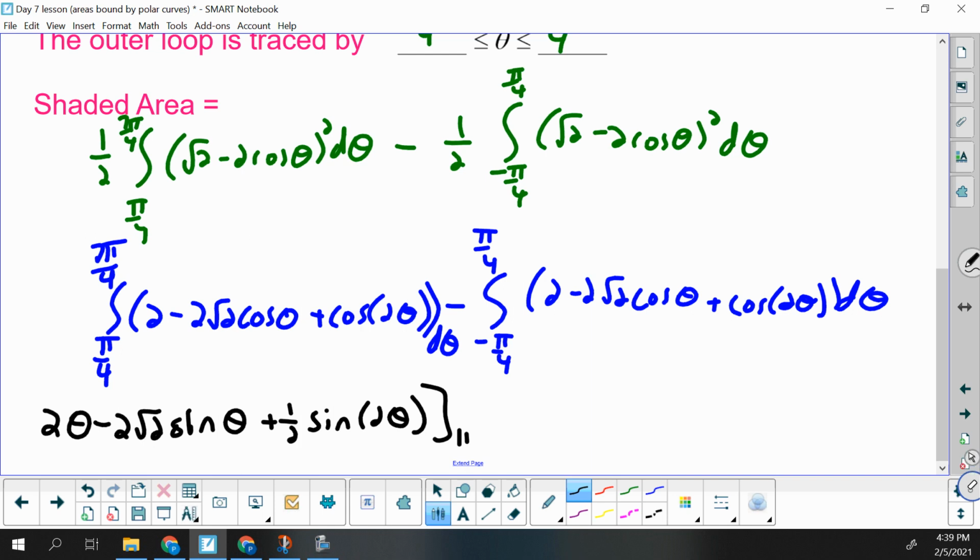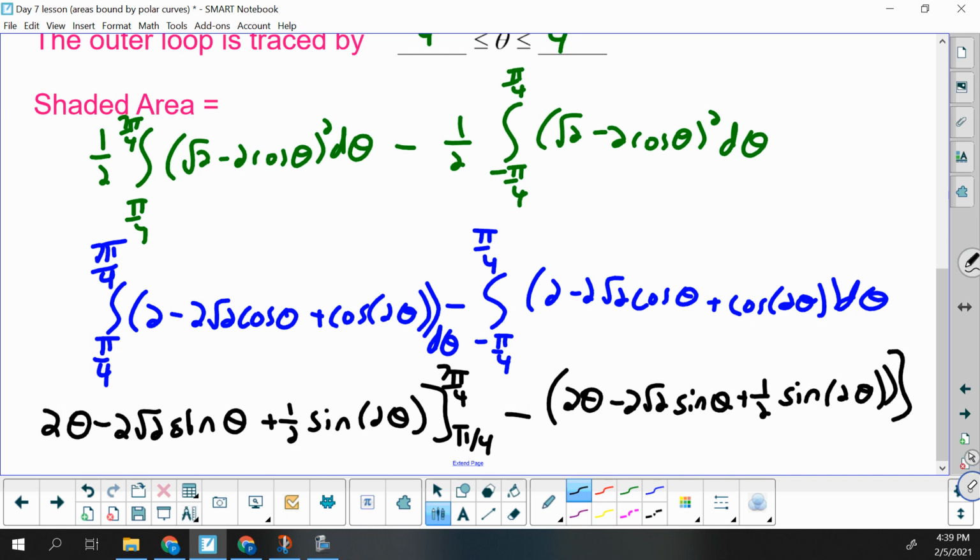And that's going to go from pi over 4 to 7 pi over 4. Minus, we'll have the exact same thing over here, but we're going from negative pi over 4 to pi over 4.